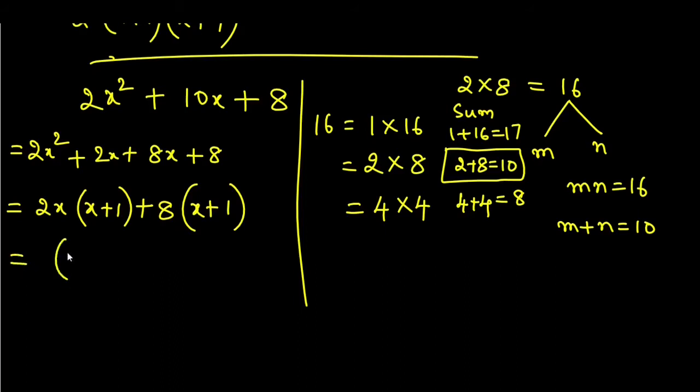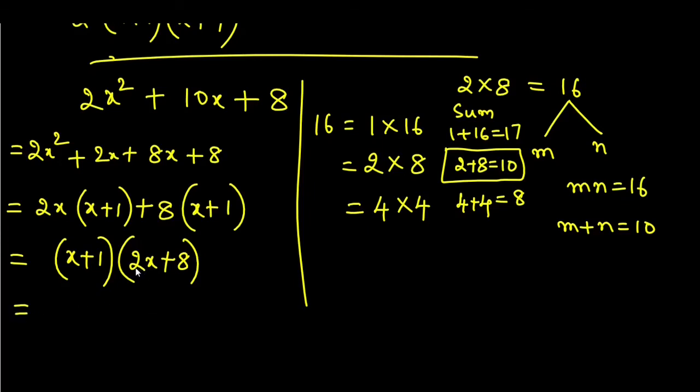This can be written as x plus 1 into, here we have 2x, so 2x, and here we have 8. X plus 1 into 2x plus 8. In 2x plus 8, for terms 2x and 8, we have a common factor 2.